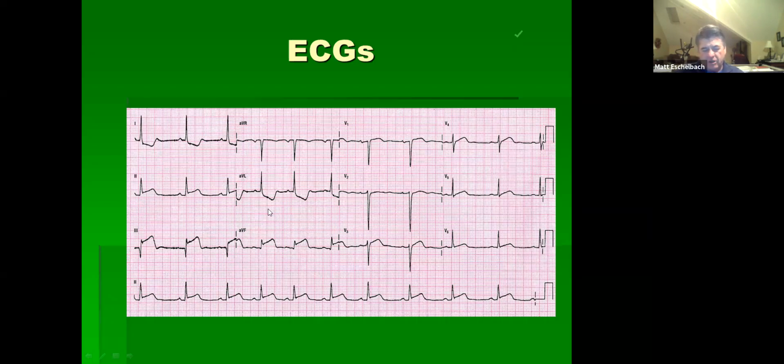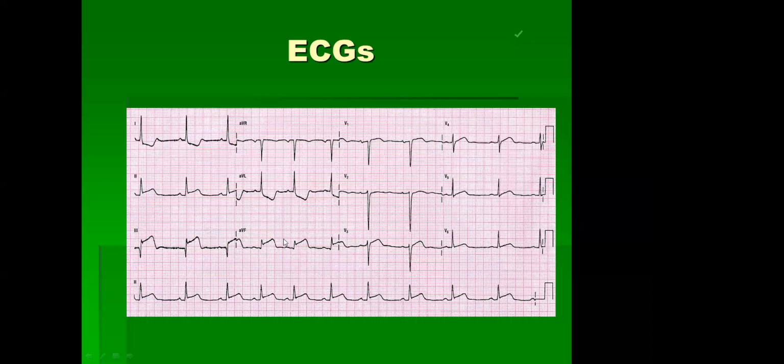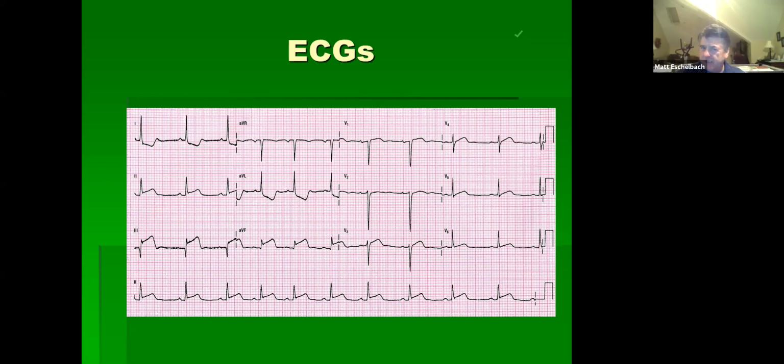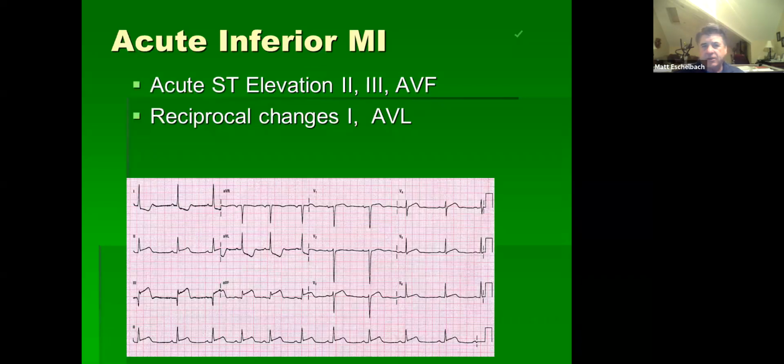What do we want to call this? I'm going to call this inferior MI. Yep, acute inferior MI, exactly. Reciprocal changes in 1 and AVL. Now, I've noticed a couple people do this.